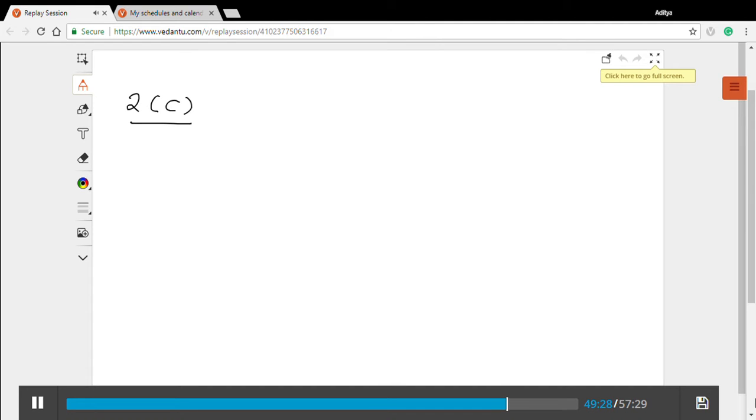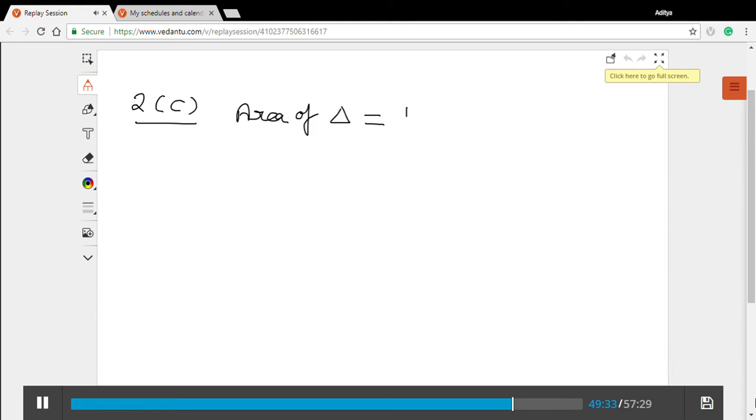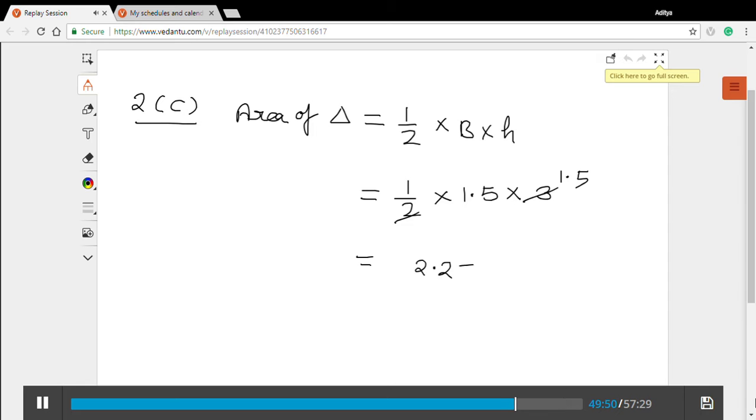The formula is still the same. The area of the triangle is half times base times height. So the base is what? It's 1.5 and the height is 3 millimeters. So you would get, again, 1.5. So it's 2.25. Shall we leave the answer like that only?